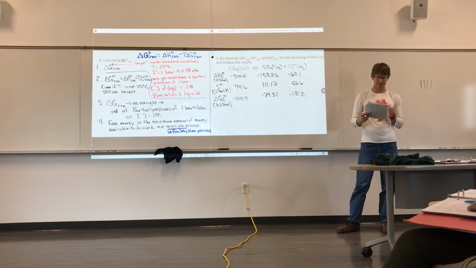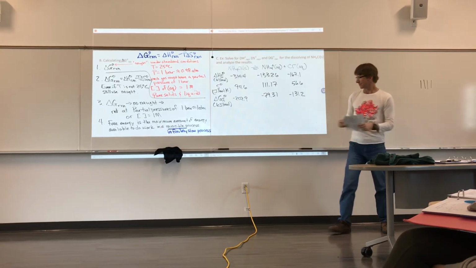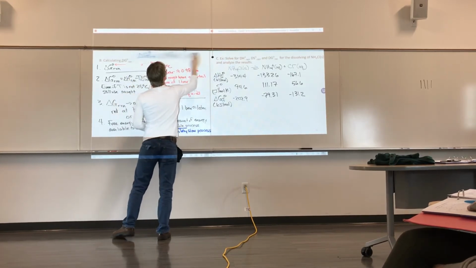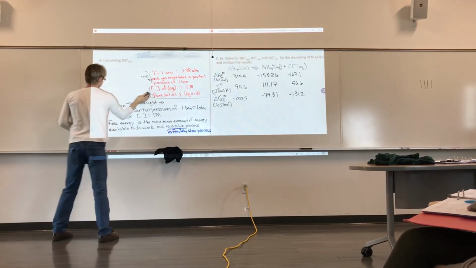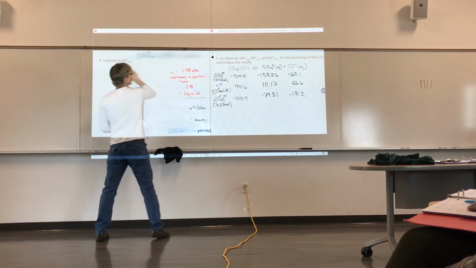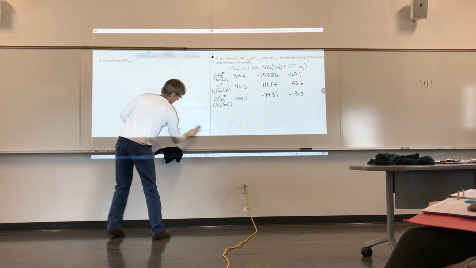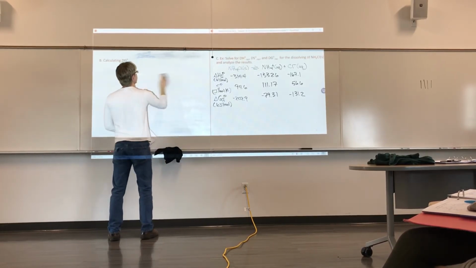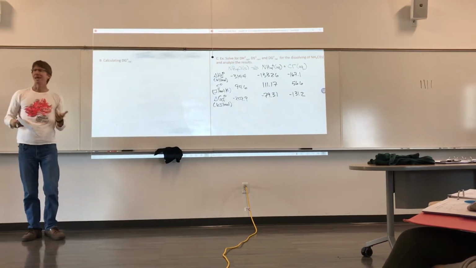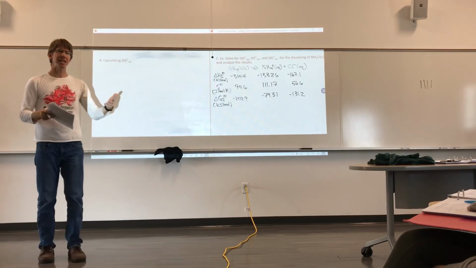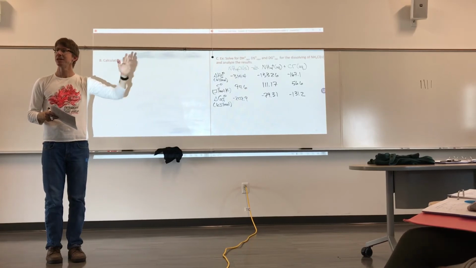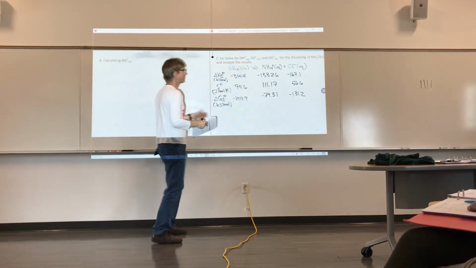Take all those down. All right. Now, to calculate delta H naught reaction, delta S naught reaction, and delta G naught reaction for this one with all 1 coefficients, it's all pretty straightforward.